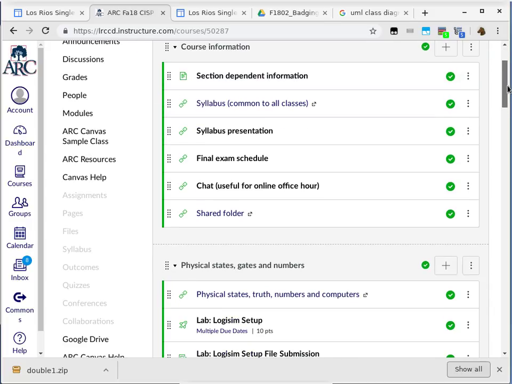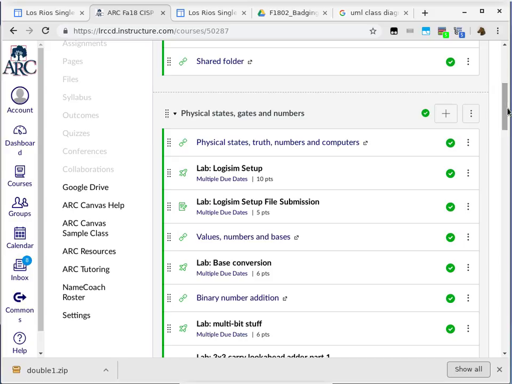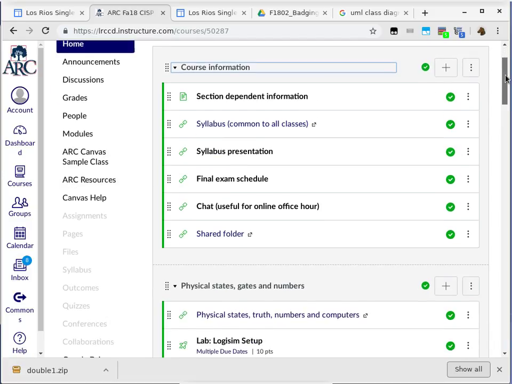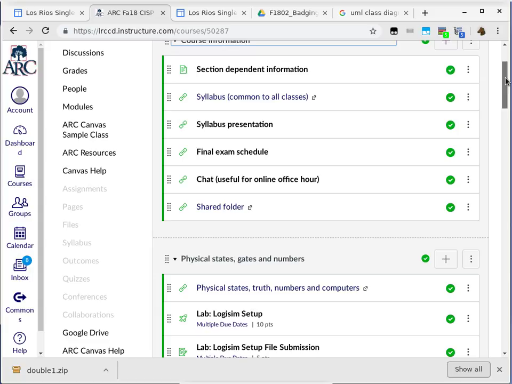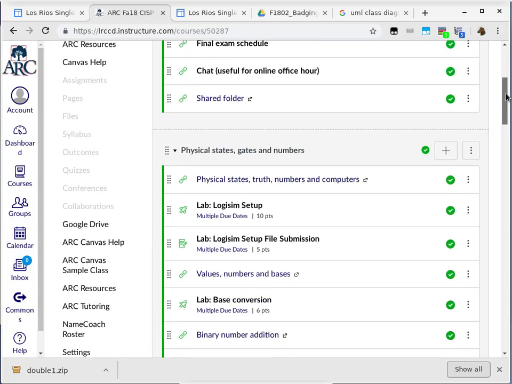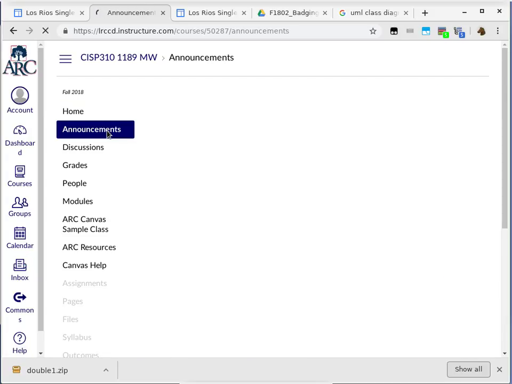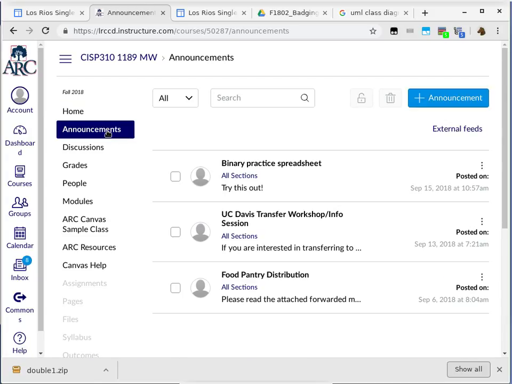Let me see if I can set up a reminder on Canvas because Moodle used to have a feature to do that. Since we're using Canvas, does it have a calendar? I can do it through the announcement, I suppose. That's the other way to do it. Okay, I'm just going to put it into the announcement, so this way you guys get a message to remind you of the exam next Wednesday.